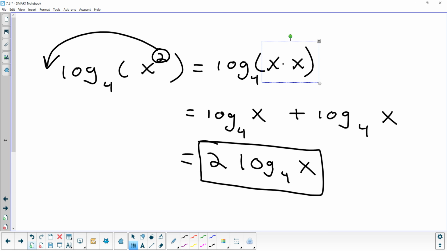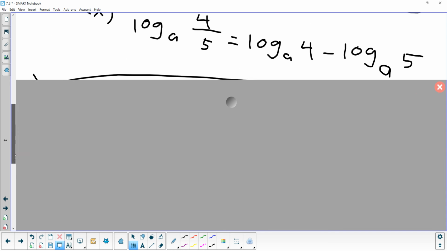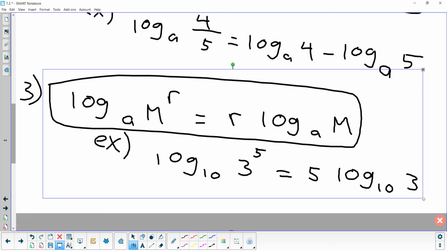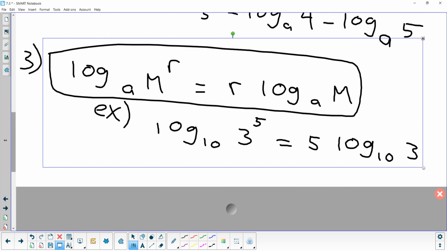We're just going to be able to use this property from now on. Anytime you have an exponent on a log, you can move it to the front, just like that. So the r is an exponent, and I can take the r and put it down in front. There's an example with numbers.